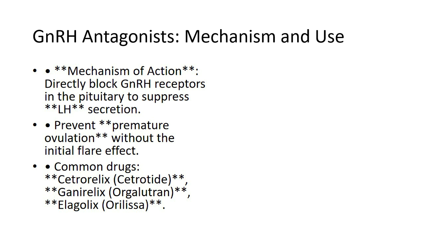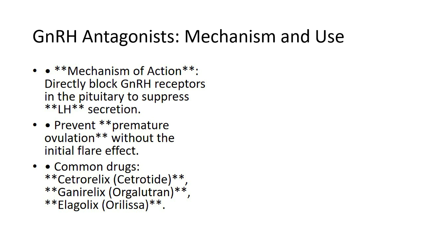Treatment duration is typically 5 to 10 days, making it more convenient and less time-consuming than the long GnRH agonist protocol. Lower risk of ovarian hyperstimulation syndrome, OHSS. Due to the shorter treatment and immediate LH suppression, antagonists can reduce the risk of OHSS.